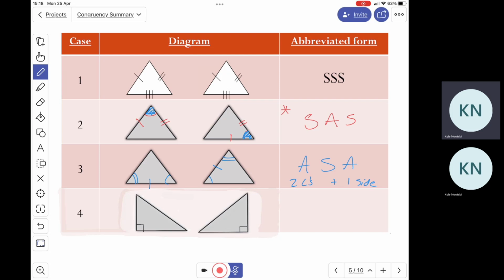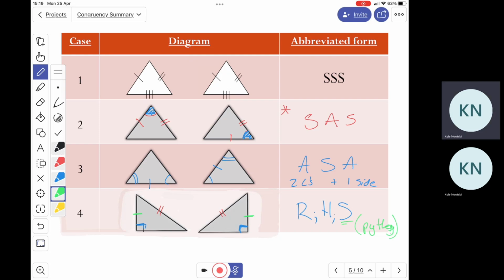And the last one is our right angle, hypotenuse, side. So don't think that is right angle or right hand side. These are three separate things. The right angle, which is here, must be present in both triangles. The hypotenuse must be given as being the same, and one of the sides must be the same. And the reason these are going to be congruent is because of our idea of Pythag, right?